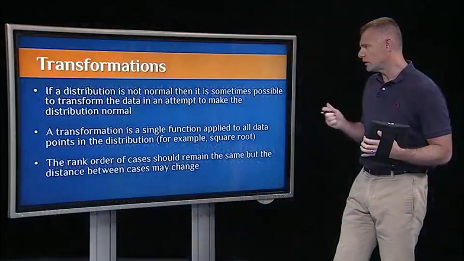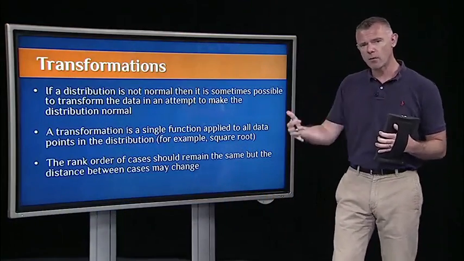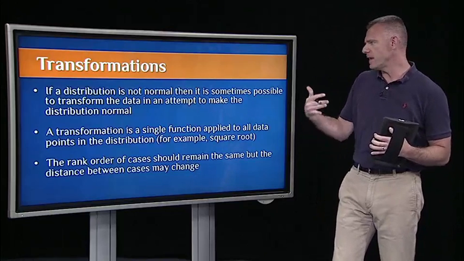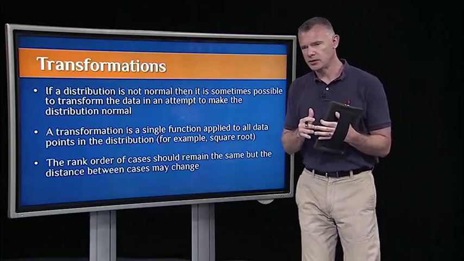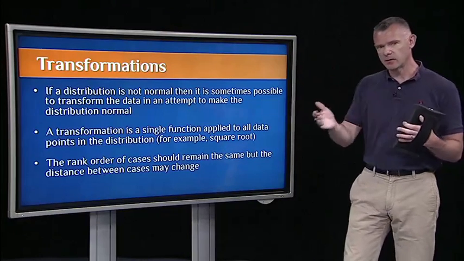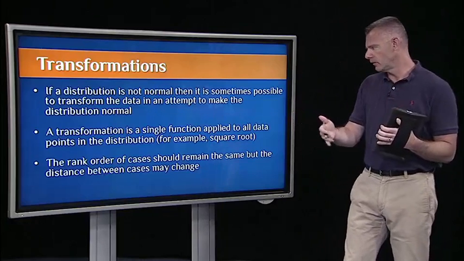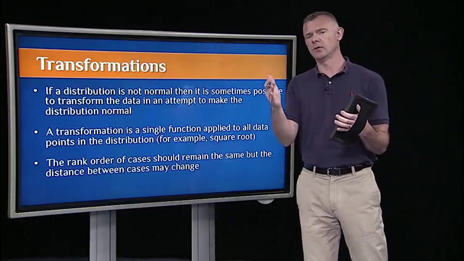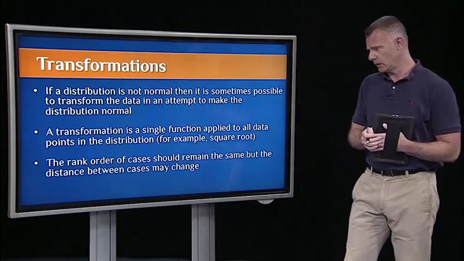If a distribution isn't normal, then it's sometimes possible to transform the data set to make it normal. A transformation is just a simple mathematical function applied to all values in the data set. For example, we could take the square root of every value in a distribution.